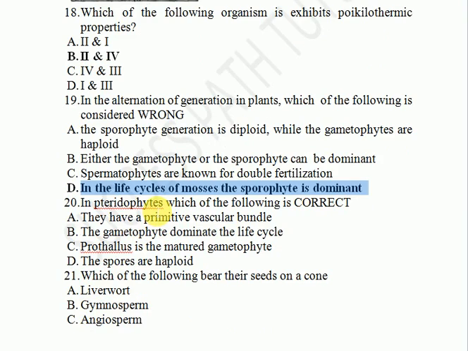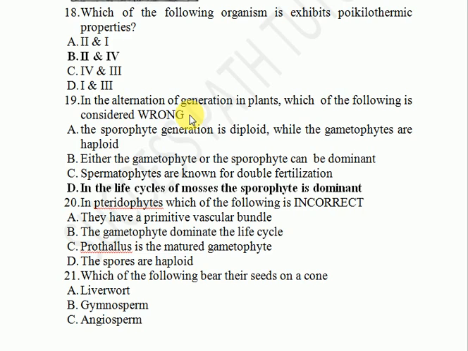In pteridophyte, which of the following is correct? I suppose I should take question 20 again. In pteridophyte, which of the following is incorrect? They have a primitive vascular bundle.